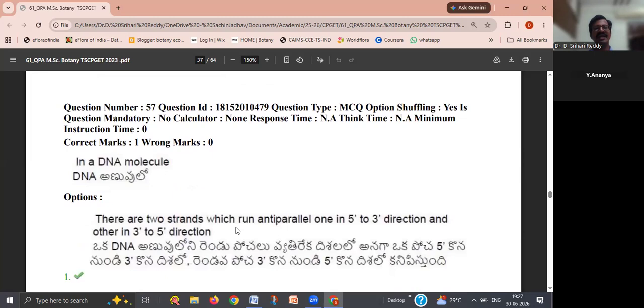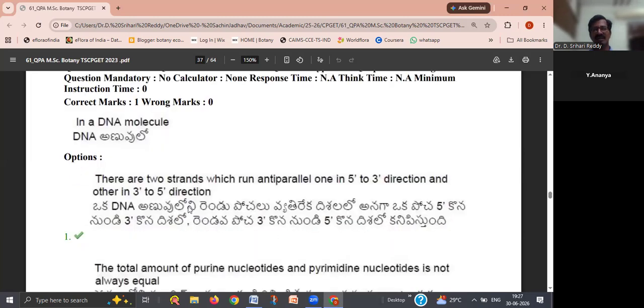Next, in a DNA molecule, they are giving some statements. We have to choose the right one. In the DNA molecule, there are two strands, which run anti-parallel, one in 5' to 3' direction and the other in 3' to 5'. Anti-parallel means one strand in 5' to 3' direction, the opposite strand in a reverse direction, that means 3' to 5'.